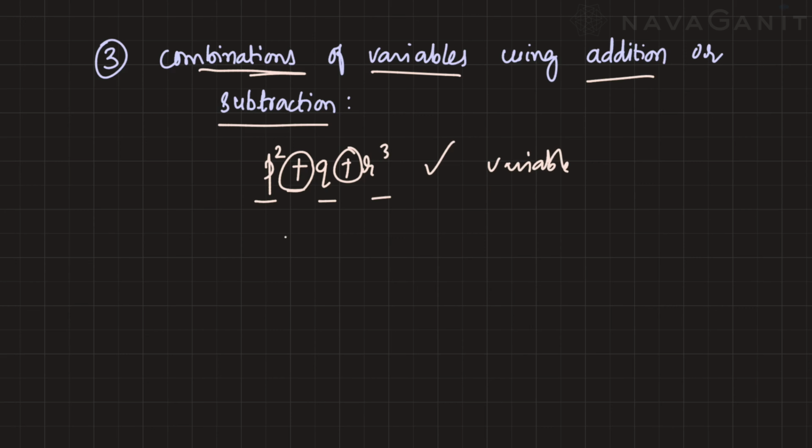Similarly, say I have t cube minus q to the power of 4 minus r squared. This is also a variable, because individually each of them is a variable, and I'm combining these variables using subtraction. So this will still remain a variable.